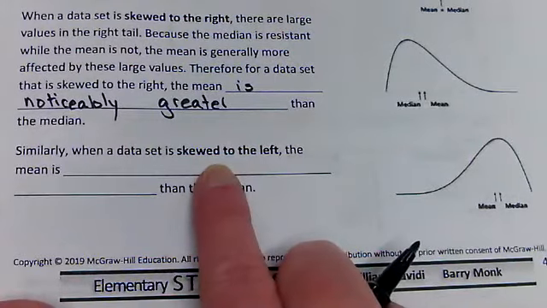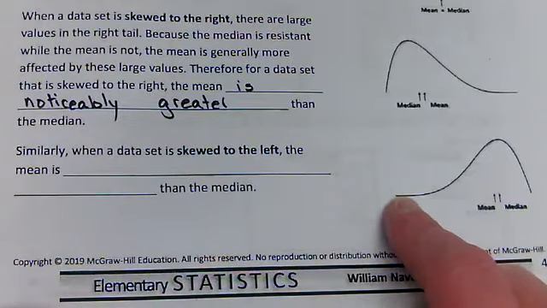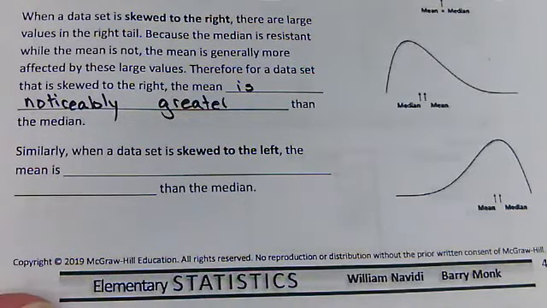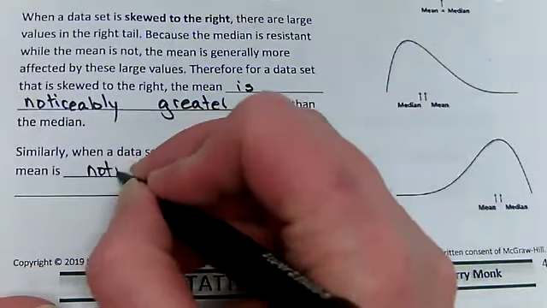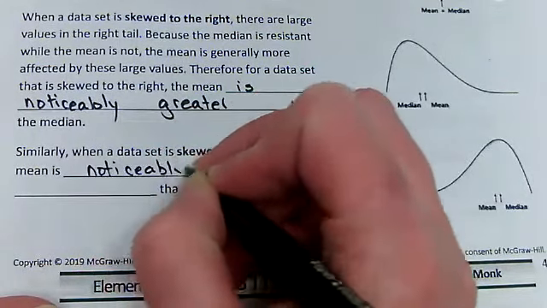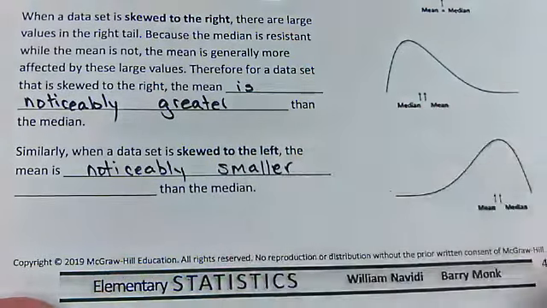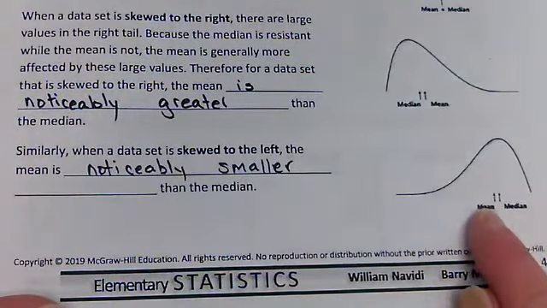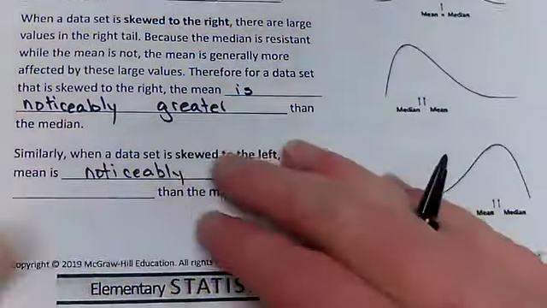In the same idea, if we were skewed left, had somebody who only made like $5 a year, which would be dumb, the mean is noticeably smaller than the median. So the mean will get pulled to the tail.